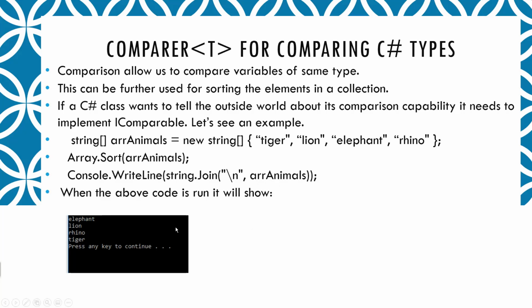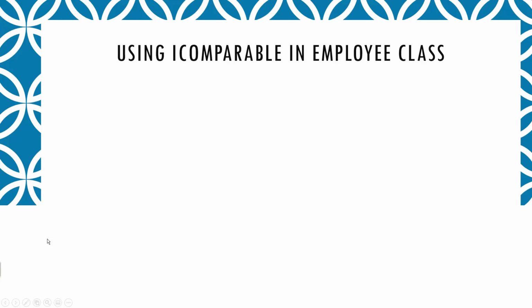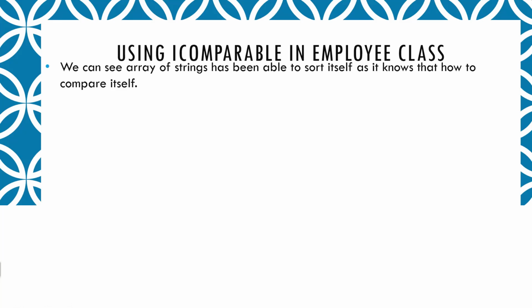Now elephant, lion, rhino, tiger is sorted alphabetically. E comes first in the alphabet, followed by L, then R, and then T. So this is known as alphabetical sorting. Now, using IComparable in the Employee class: we can see the array of strings has been able to sort itself as it knows how to compare itself.